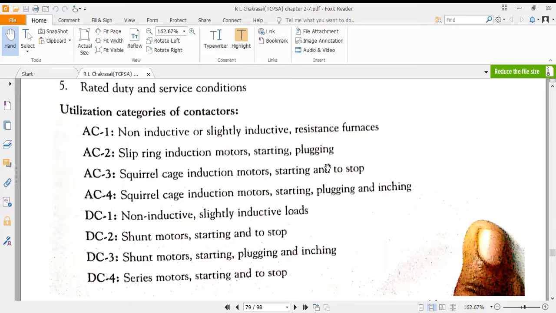Utilization categories of contactors. These are the different utilization categories of contactors, where they are utilized.